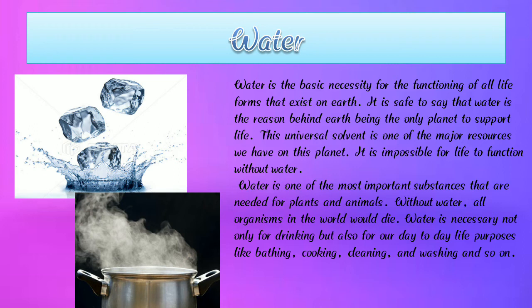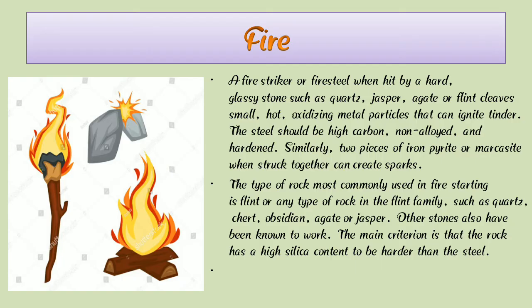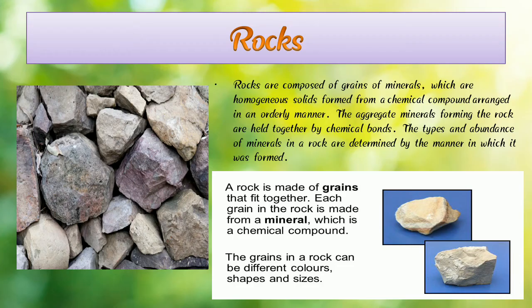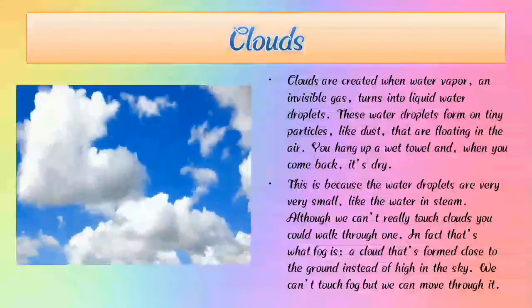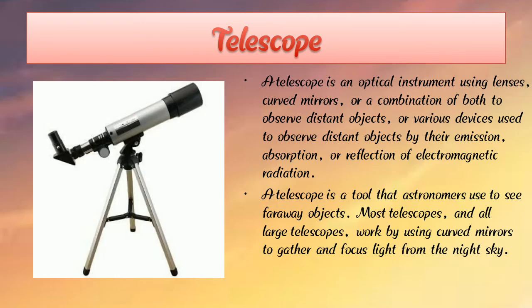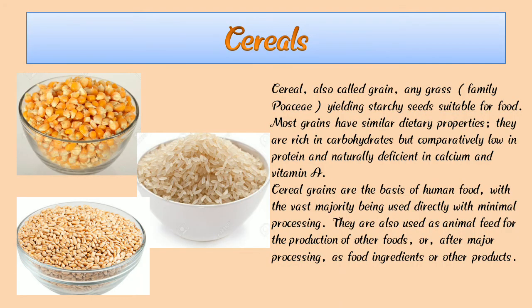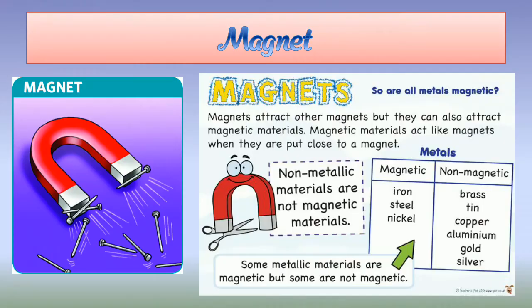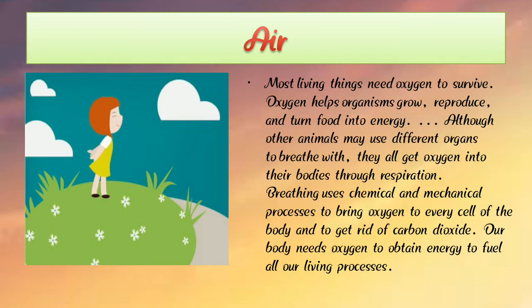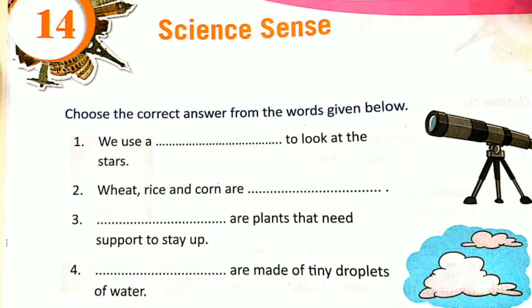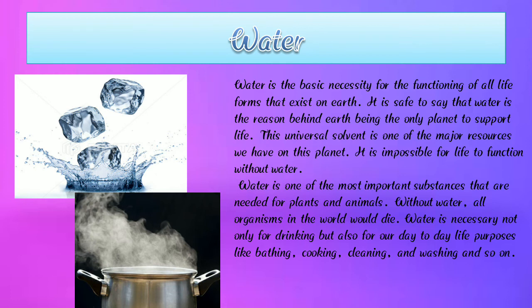So children, in today's lecture we learned about science but different topics: about telescope, grains, climbers, clouds, rocks, magnet, thermos, air, fire, and water. So children, you all understand? Very good. Hope you all understand.